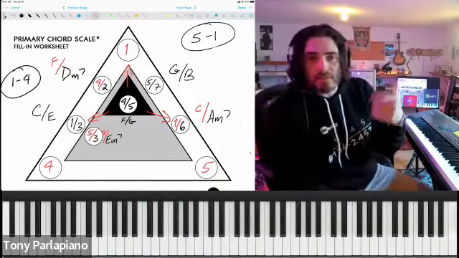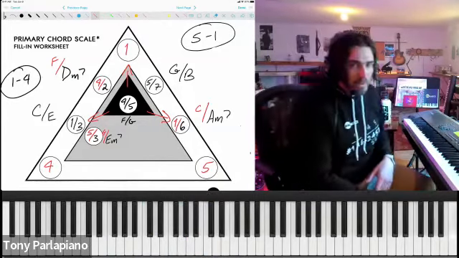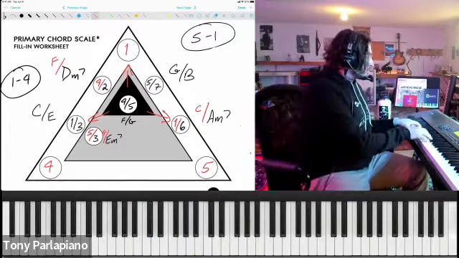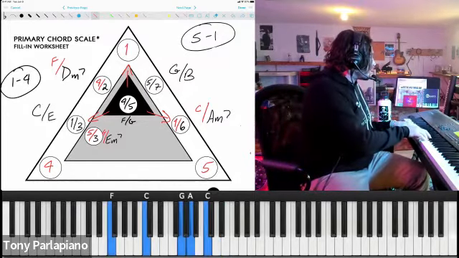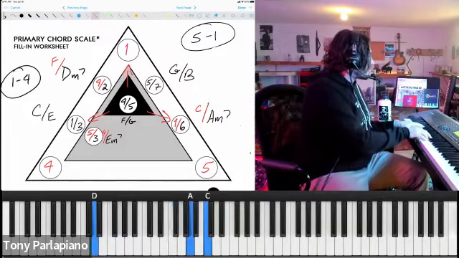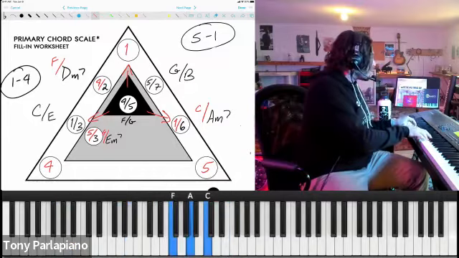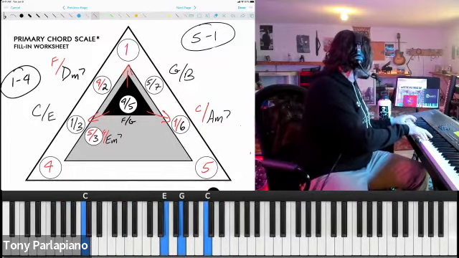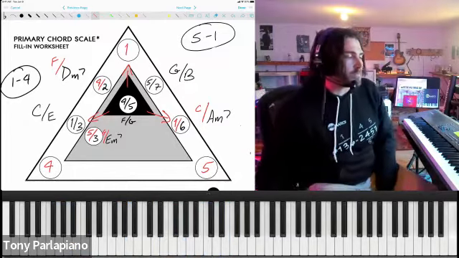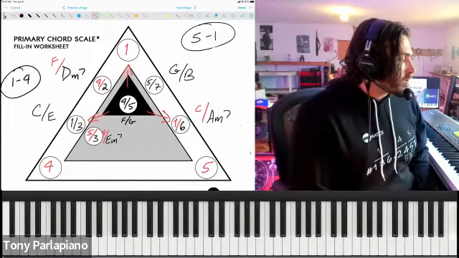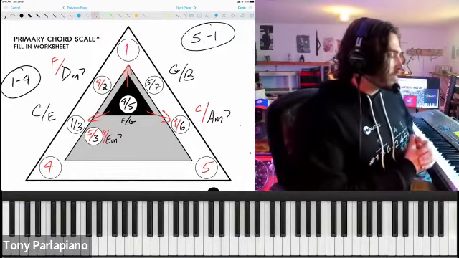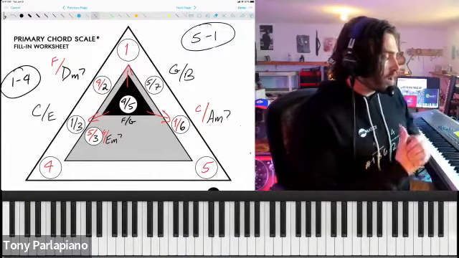It just feels like it's got to keep going, moving back through. Same thing, we could resolve it to the 1/6. So those are the major components of the primary chord scale with the alternate roots.